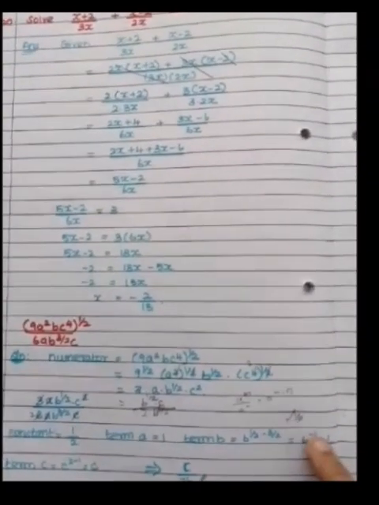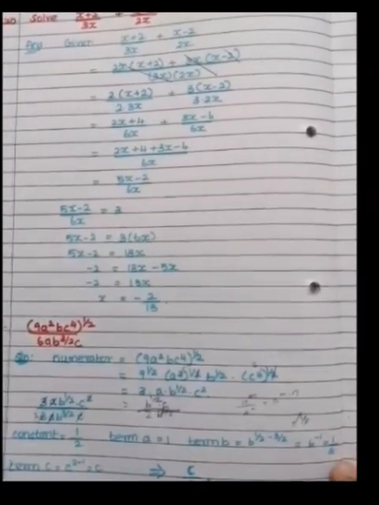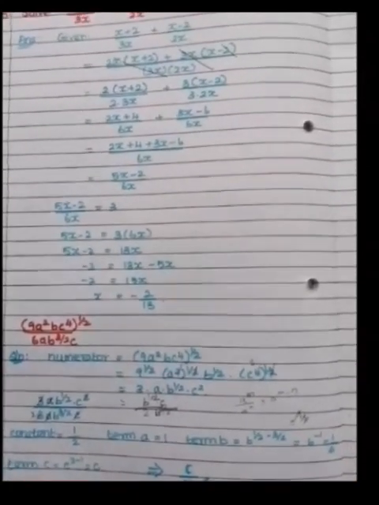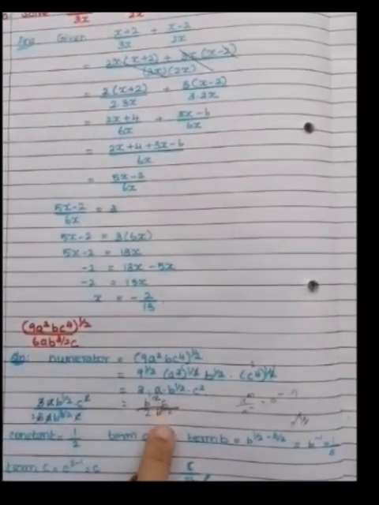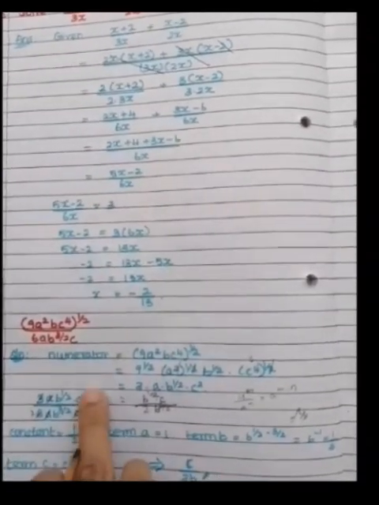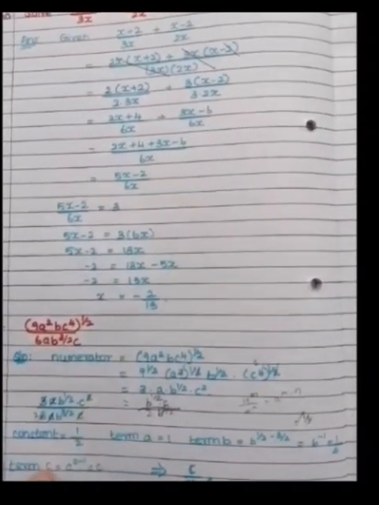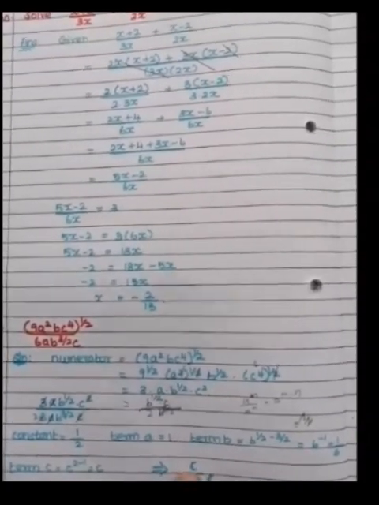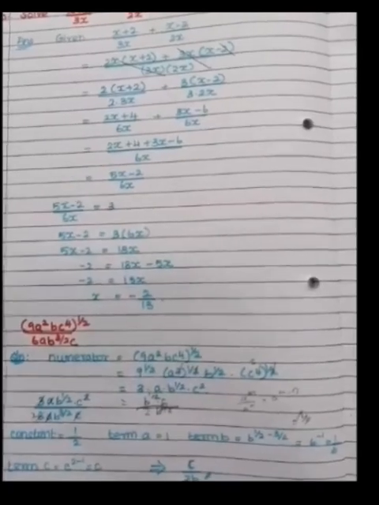So minus 1 means we have to take the reciprocal. So 1 divided by b. Term c is equal to c square minus 1, means c. C is the term. So the total term is c divided by 2b.